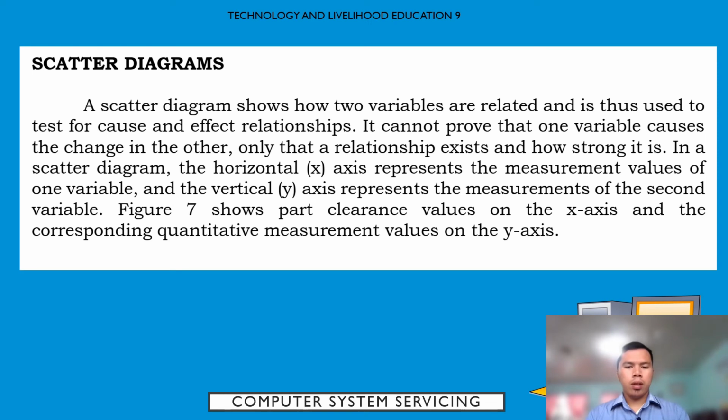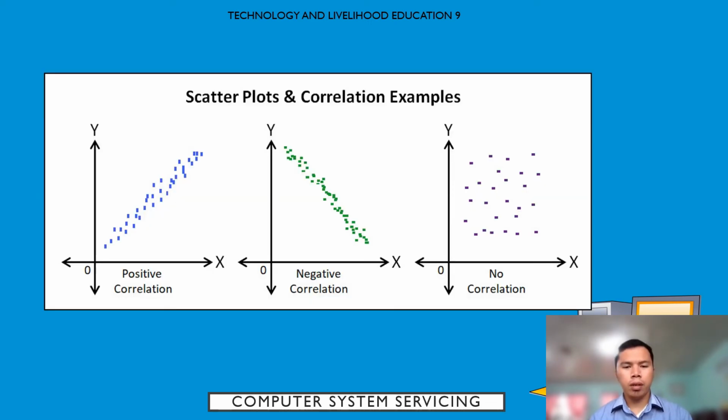So this is our example of a scatter diagram. A scatter diagram measures the correlation between one variable and another variable. So we have different kinds of correlation. When the scatter diagram has close dots and they have an uptrend, that is interpreted as positive correlation.